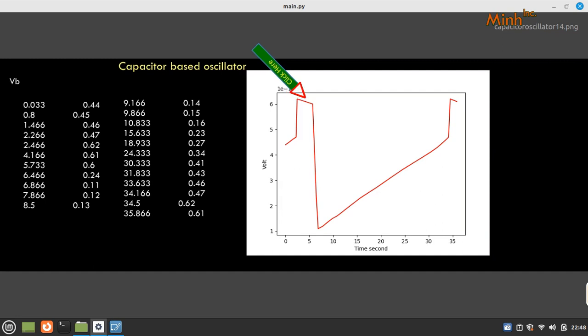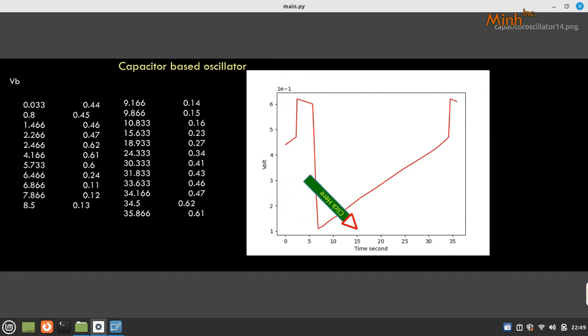We can see this everywhere. If the voltage at the base of the emitter reaches a level, then suddenly it picks up automatically. So from 4.4 to active, it picks up automatically. It remains active even though the capacitor is discharging. When it discharges to a level where the transistor cannot hold its active condition, then suddenly it drops.